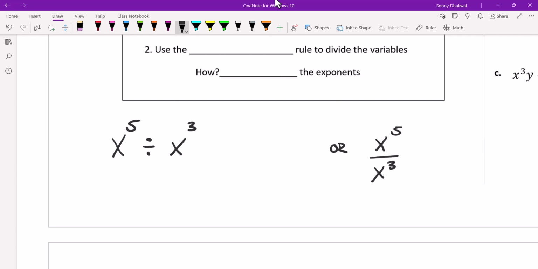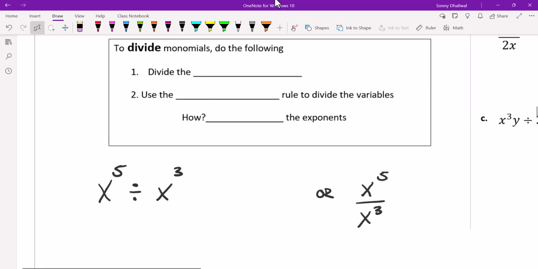I think students make fewer mistakes when it's written as a fraction. What was the rule for dividing in exponents? We subtract. So long as the bases are the same, we subtract the exponents.